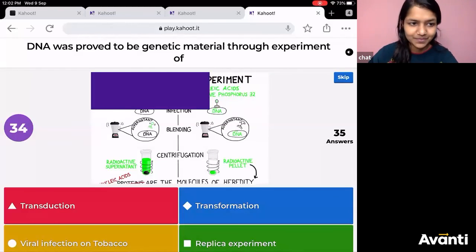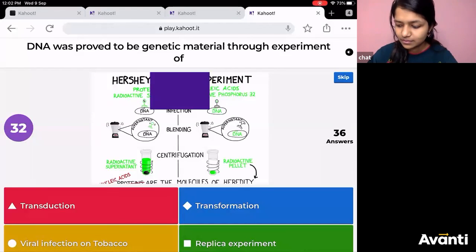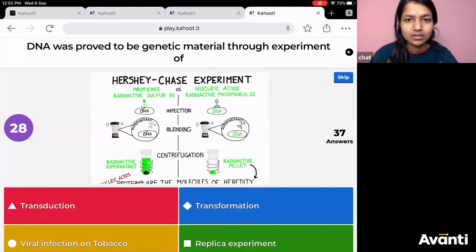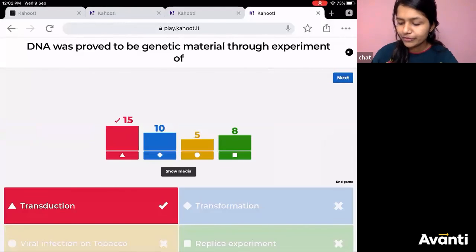What is it? When viruses are used, है ना? When viruses are used to transfer the genetic material, that is transduction, and it was done by Hershey and Chase, right?